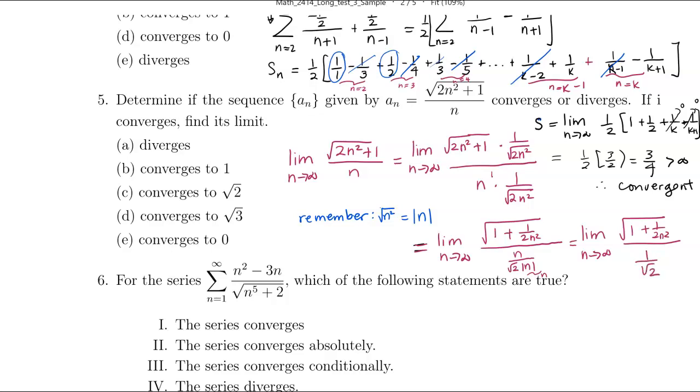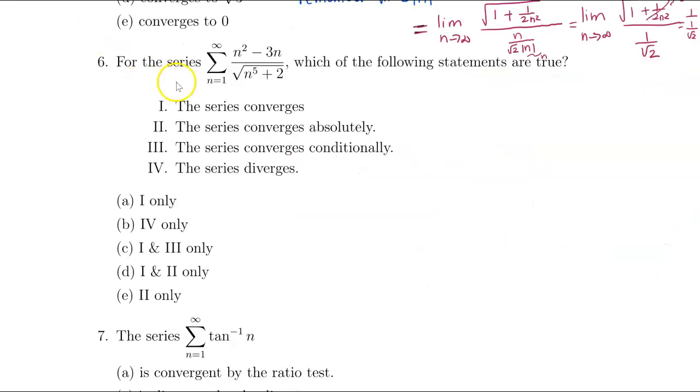Now, this goes to 0. That goes to 0. So you're left with 1 over square root of 2, and that gives you square root of 2. So it is convergent to square root of 2.